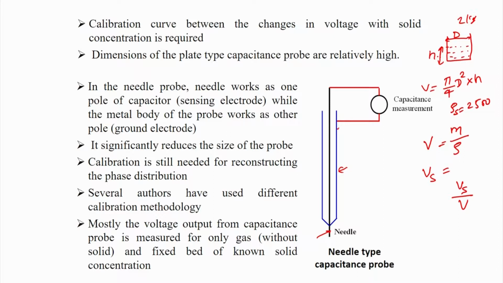So, you make a fixed bed of known solid concentration or known solid fraction, you insert this probe inside, and you measure the capacitance. Based on these two readings, you can calibrate and find the solid concentration, how the solid concentration varies while doing the experiments.